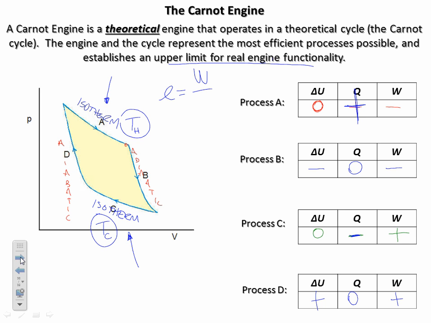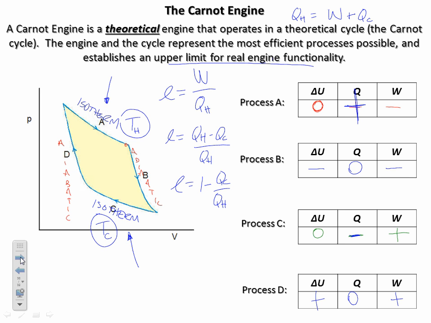So we would say this is work over QH, which for an engine, we put energy in, we get work done, and we exhaust energy. So we can write W as QH minus QC, which you can write as 1 minus QC over QH.